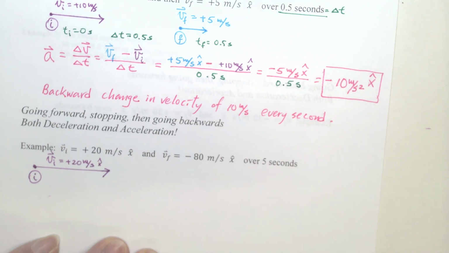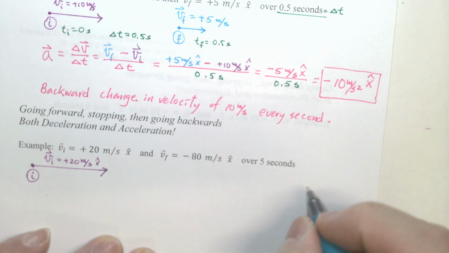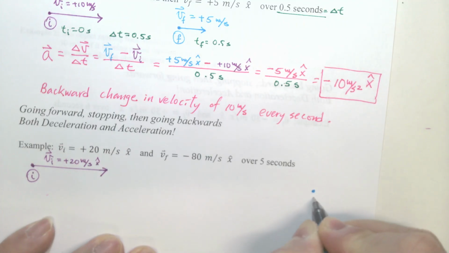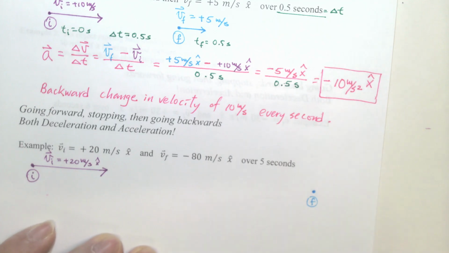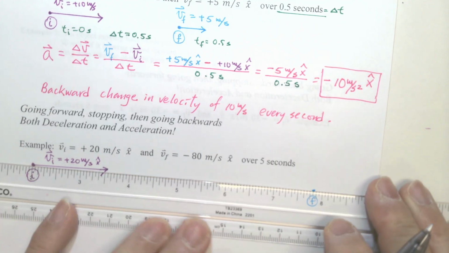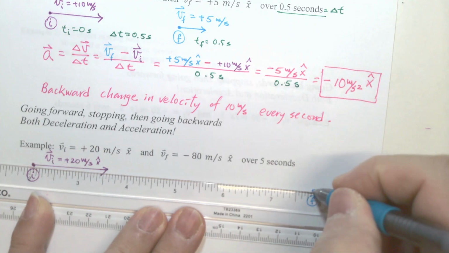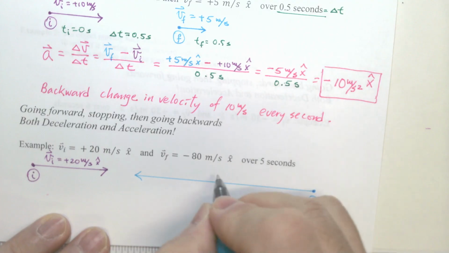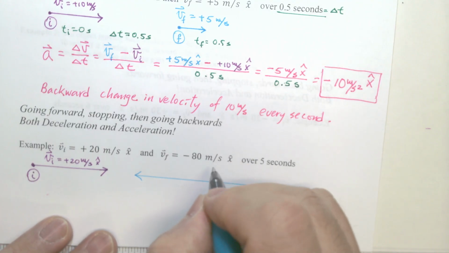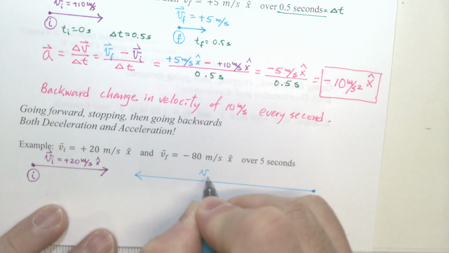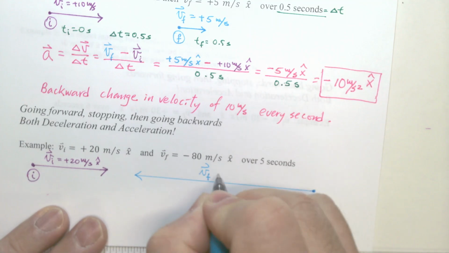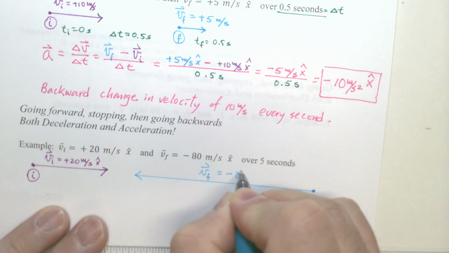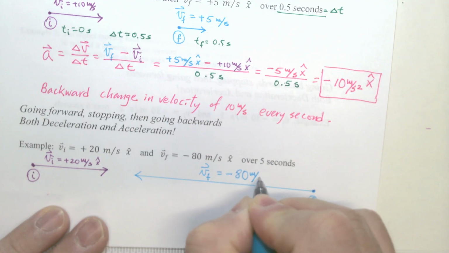However, your final scenario happens to be negative 80 meters per second. So V final happens to be negative 80 meters per second x hat.